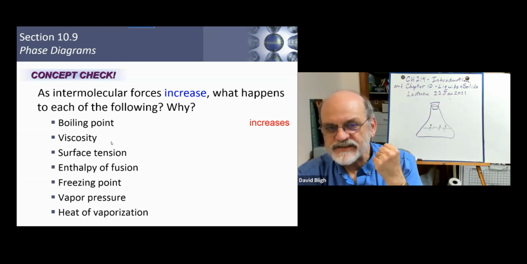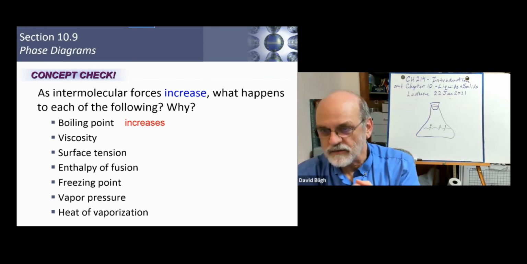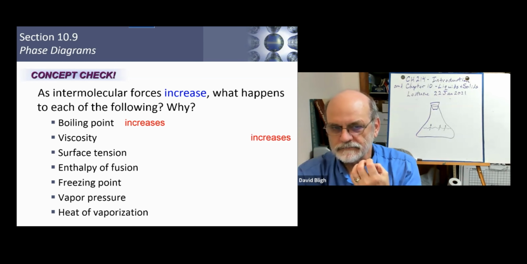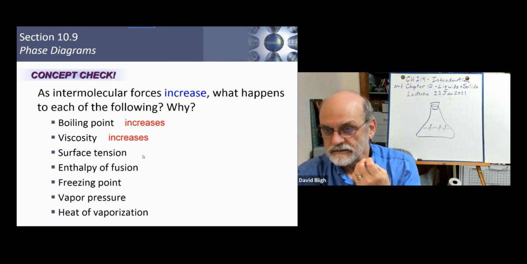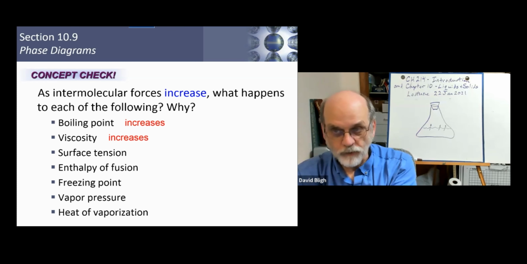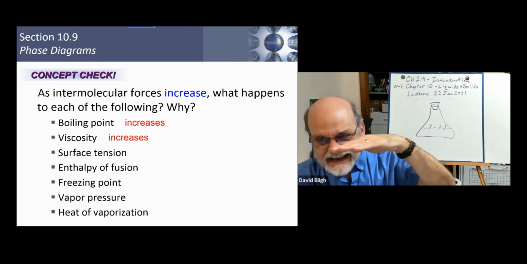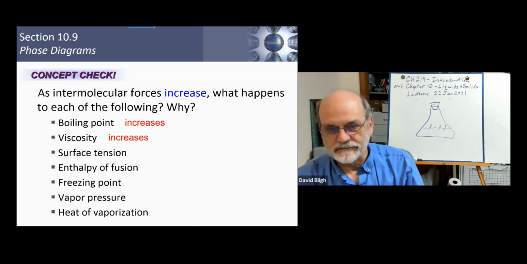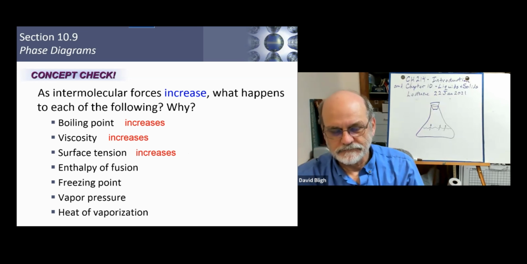Right? Viscosity. As you increase the forces, the viscosity increases. It's holding them together, it makes them thicker. Surface tension. Increase the forces, increase the surface tension. More force holding that skin taut. Enthalpy of fusion.